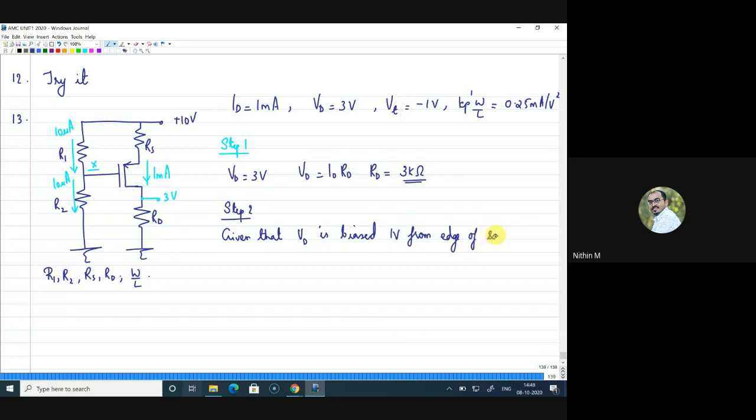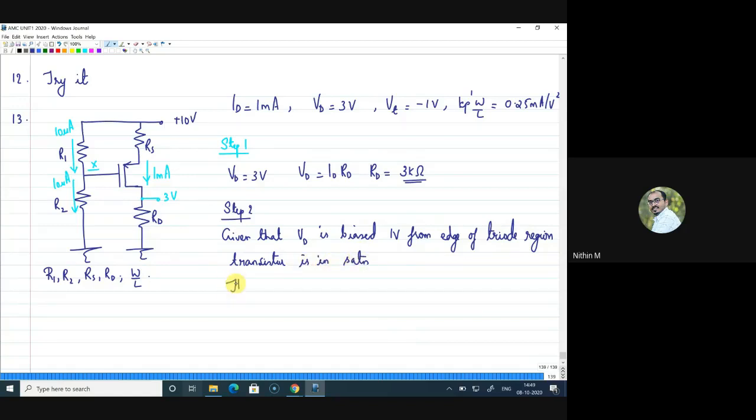Sorry, edge of saturation or edge of triode, both are same. This is biased 1 volt from the edge of triode region. What is the meaning of that? The meaning is that the transistor is still in saturation.